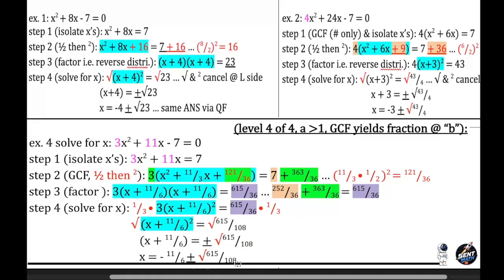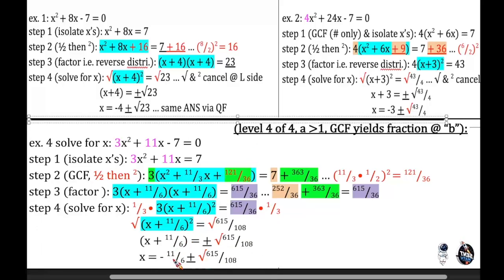And don't forget to subtract 11 over 6 from both sides. You can write this negative 11 over 6 on the right side, but I choose to write it on the left side to match it up as closely as possible to the quadratic formula.